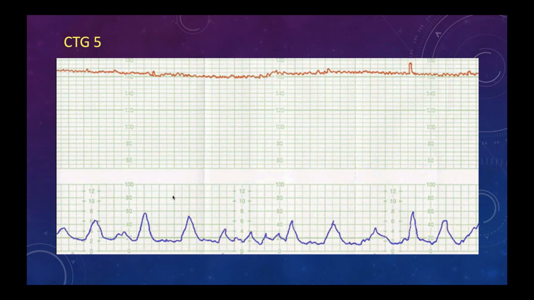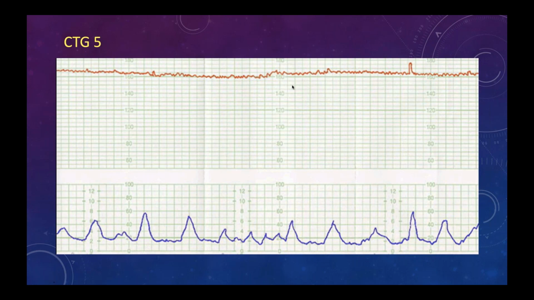Then going to the contractions, there are about 3 to 4 contractions in 10 minutes. And the baseline is at 160, and there are no accelerations.